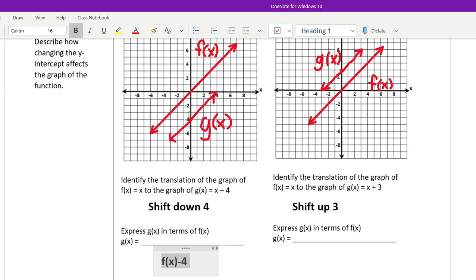In this case, the value was shifted down for that same x value. And that's how it goes throughout the line. At any point, whenever I find my output of f of x, the output of g of x with the same x value is shifted down 4. It is subtracted 4 from f of x.